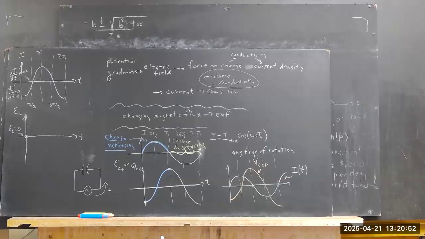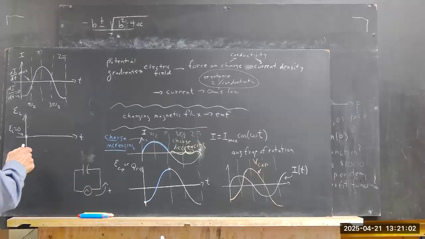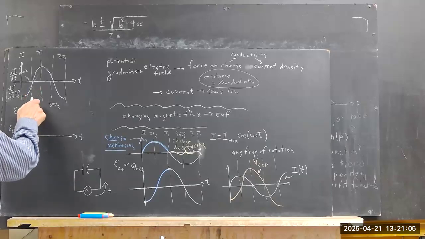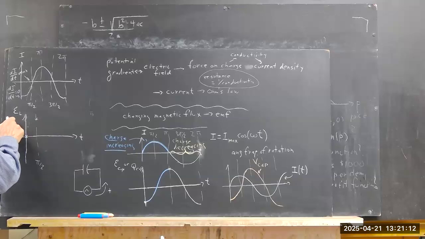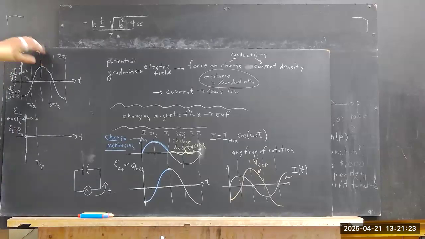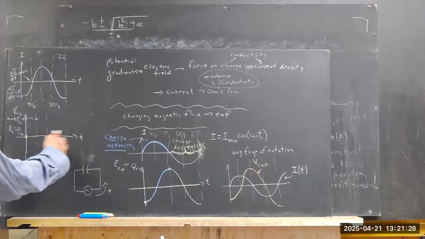Here, the rate of change of current is maximum, so the EMF is going to be maximum. So at pi over 2, you get the maximum of this. And then at pi, you're back to zero.